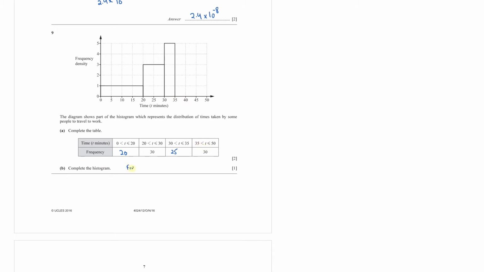So the frequency density that you need to find would be 30, which is the frequency, divided by the interval width, which is 50 minus 35, 15. So you get 2. So the height of your histogram for this interval will be 2. So this is how you will draw this.